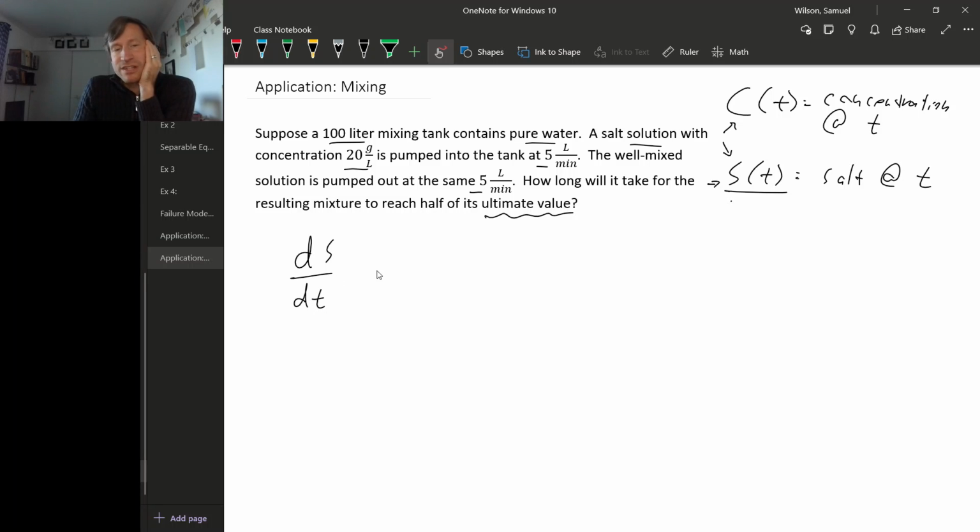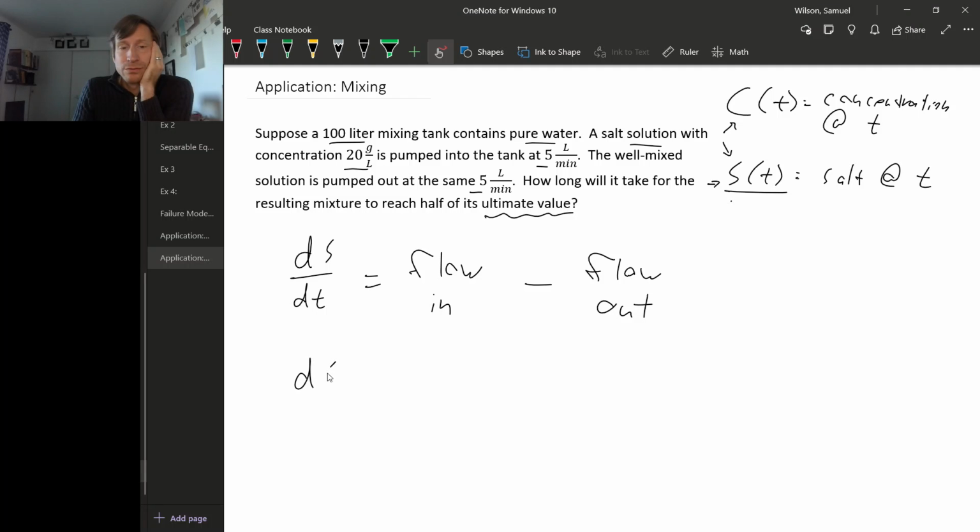So what is causing change for the amount of salt in the tank? Well, there's an increase in the amount of salt because stuff is flowing in, but then there's a decrease in the amount of salt in the tank because there is this solution flowing out.